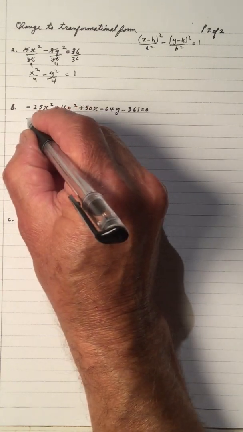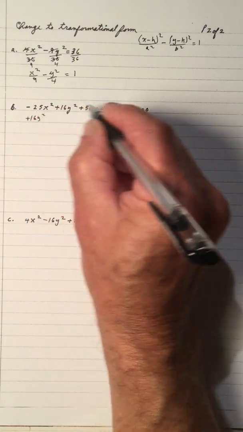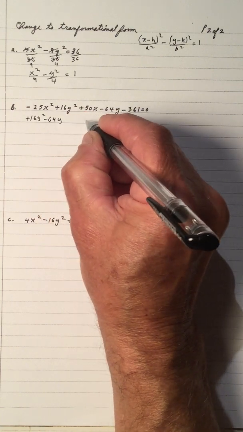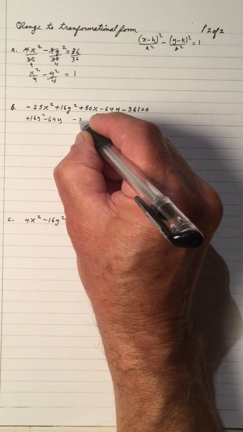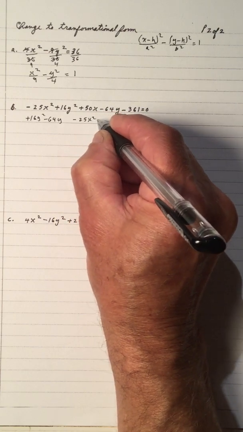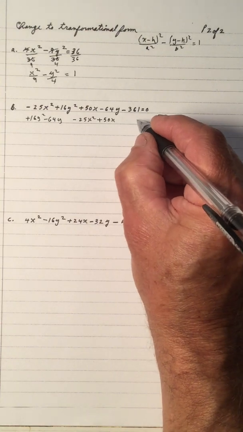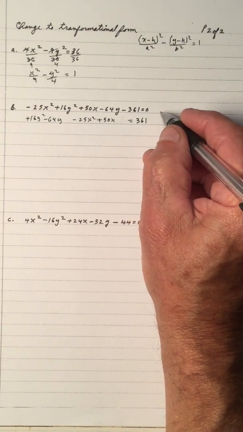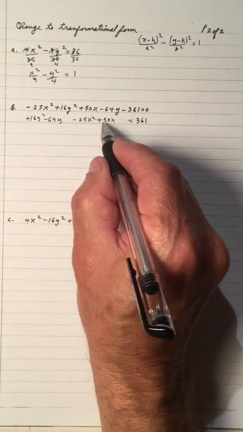So I write 16y squared minus 64y minus 25x squared plus 50x, and we make it equal to 361. The reason I put the y first is because the y is positive and the x is negative.